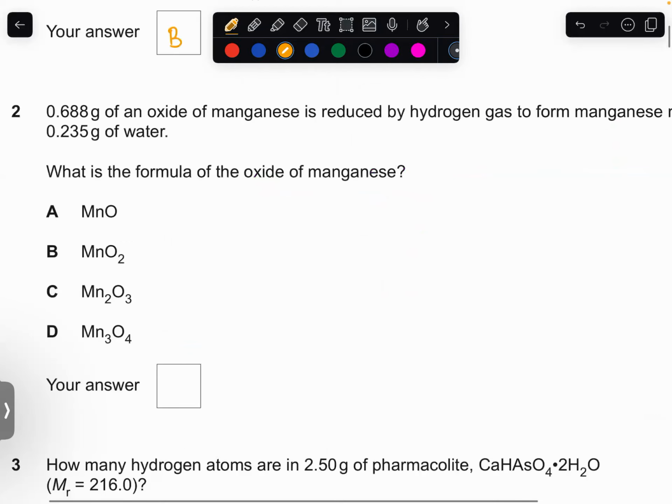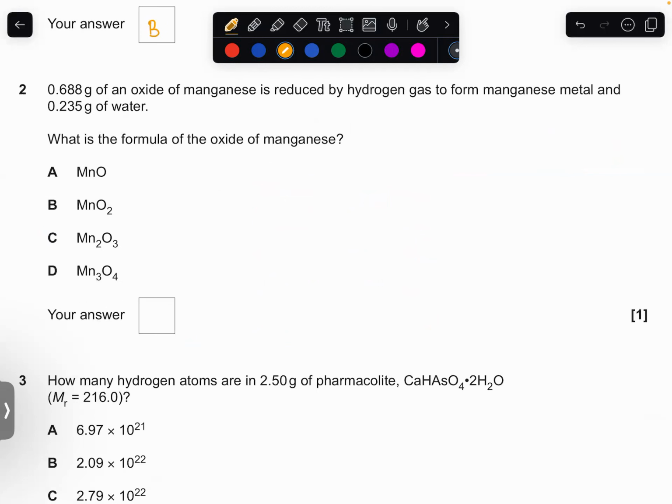You've got an oxide of manganese that is reduced by hydrogen gas to form manganese metal and water. It's asking what is the formula of the manganese oxide. Now, the mass of the oxide is 0.688 grams, and the mass of water is 0.235 grams.